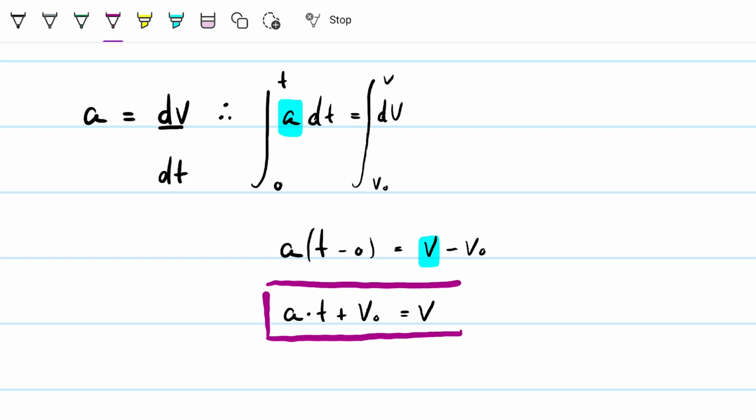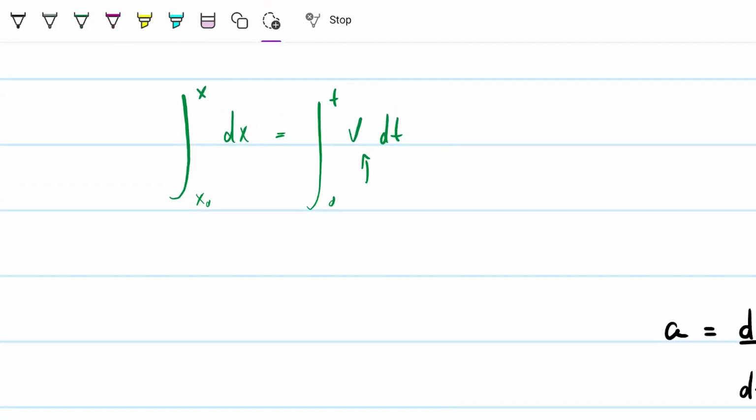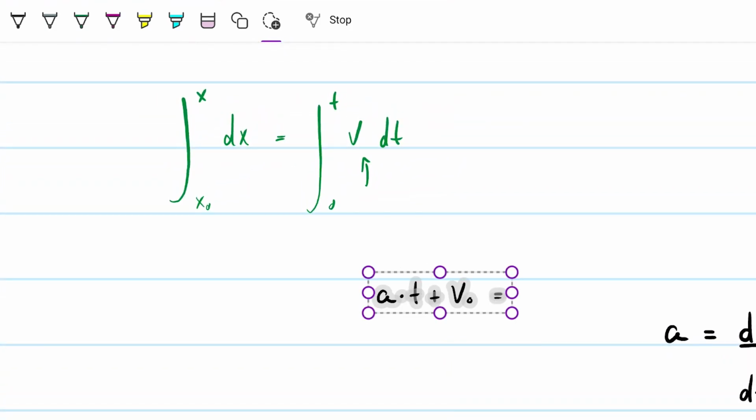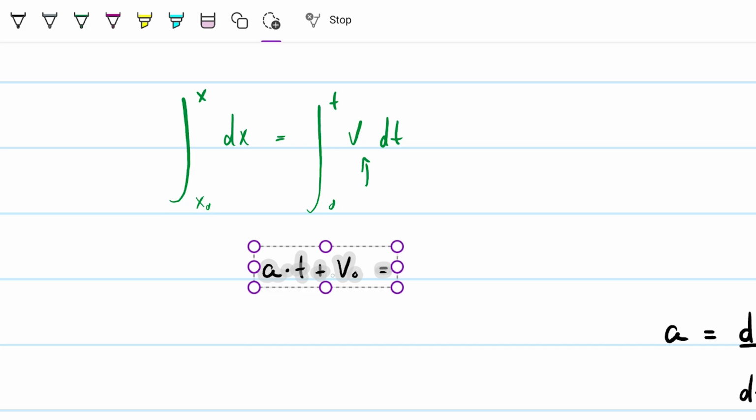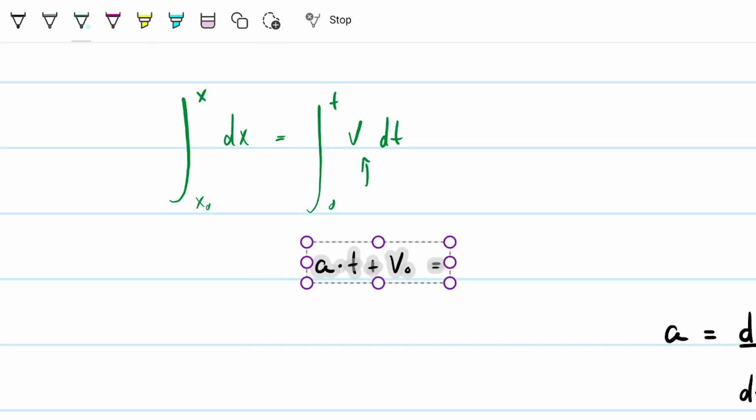And this is exactly what I'm looking for, because now I know how my velocity is changing with respect to time. And if you recall, that's what we needed to be able to solve the integral we had before, right? So all I'm going to do now is copy the whole thing, which is equal to v. And I'm going to come here and say, okay, I now know that v is equal to this whole thing.